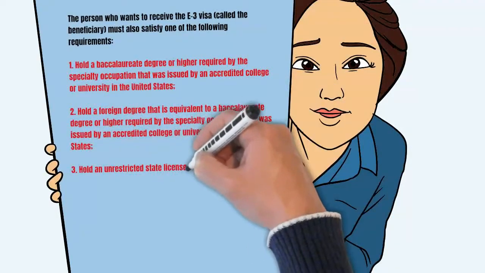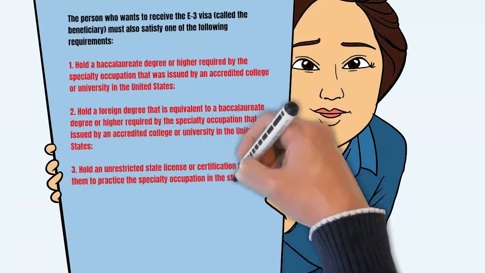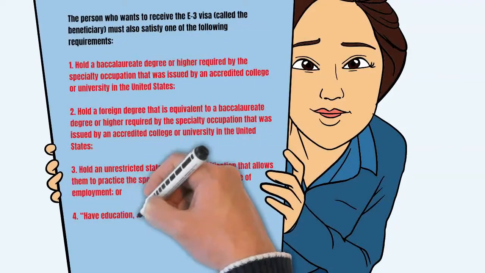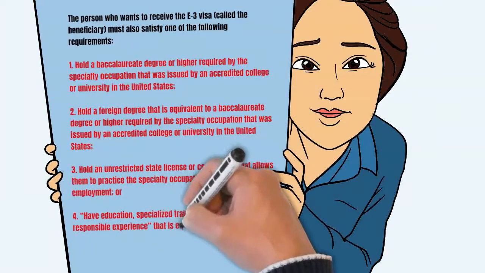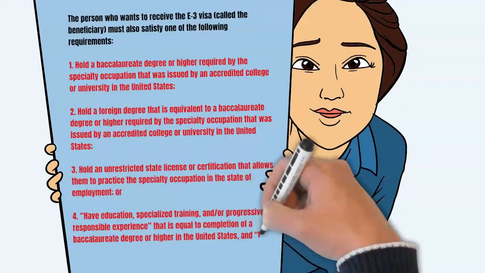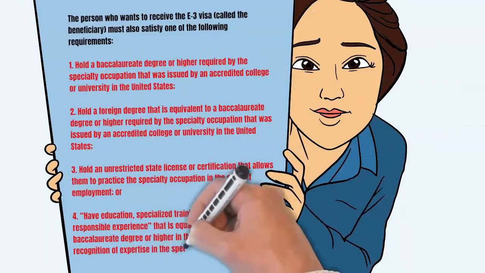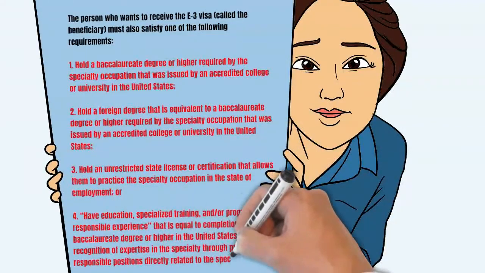Hold an unrestricted state license or certification that allows them to practice the specialty occupation in the state of employment. Or 4. Have education, specialized training, and/or progressively responsible experience that is equal to completion of a baccalaureate degree or higher in the United States, and have recognition of expertise in the specialty through progressively responsible positions directly related to the specialty.